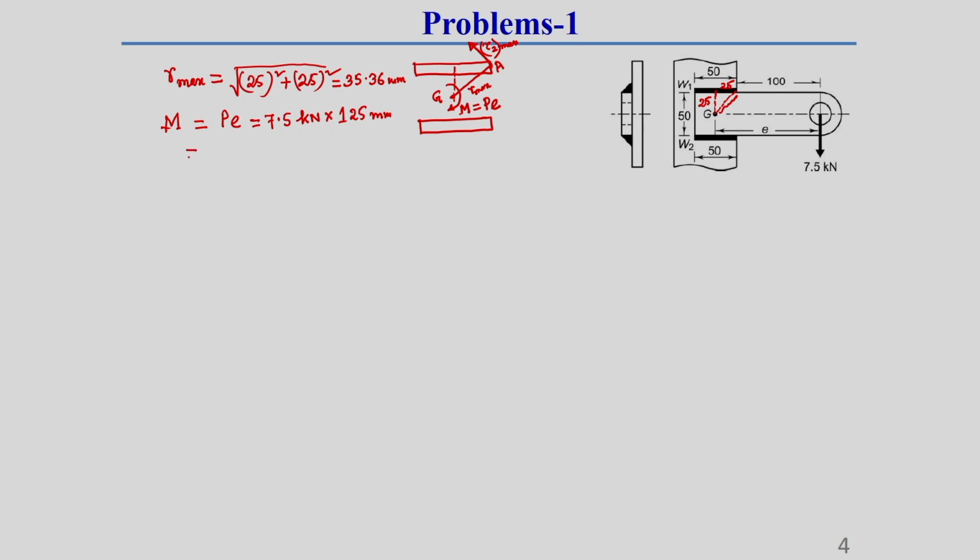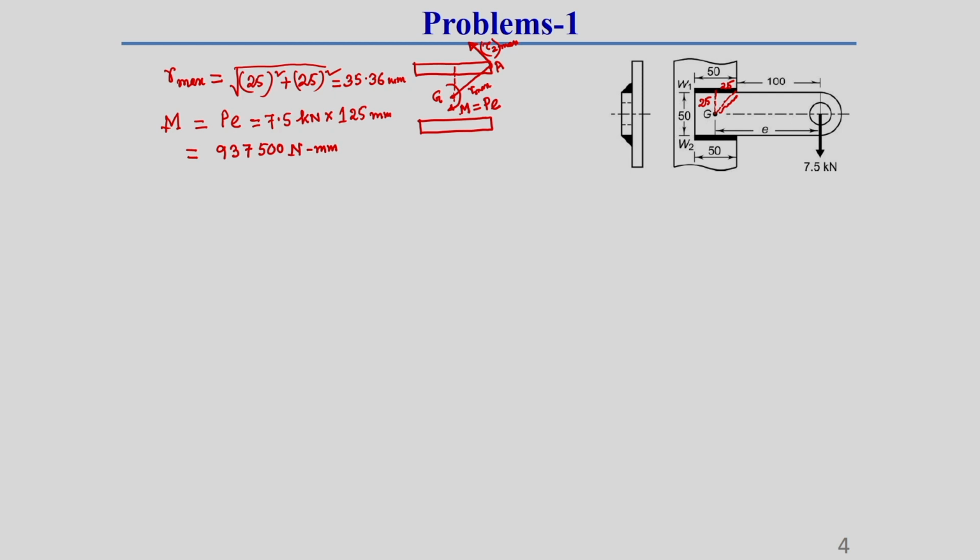So, this M will give us 937,500 Newton millimeter, because here generally force into distance, that is why its unit is Newton millimeter.